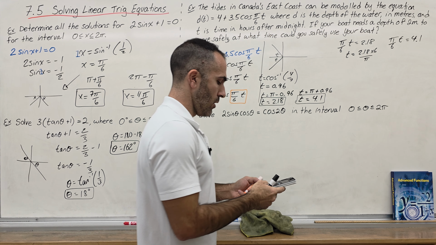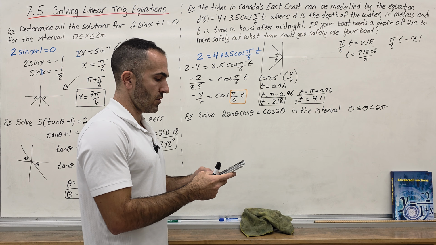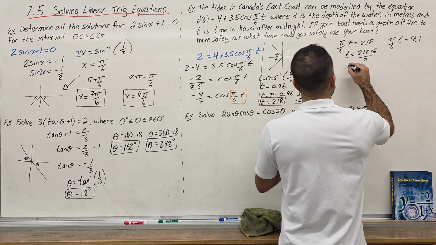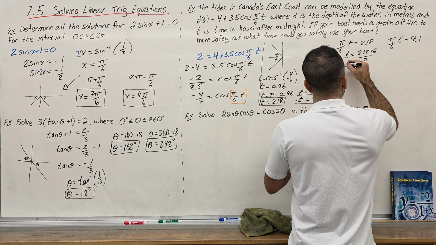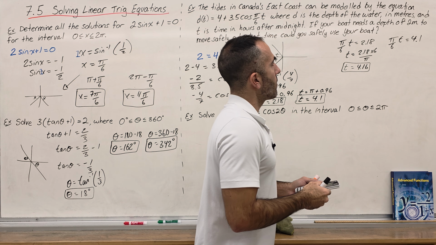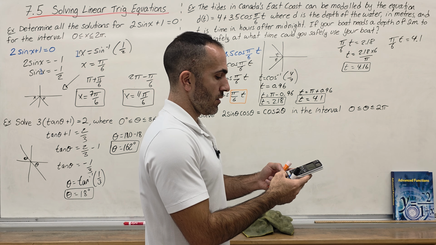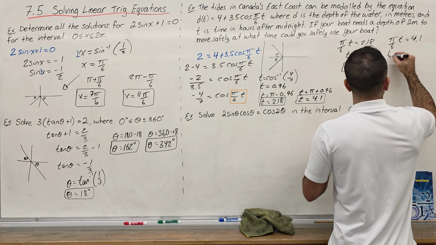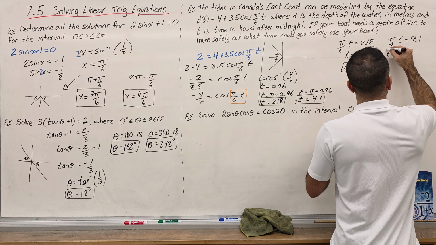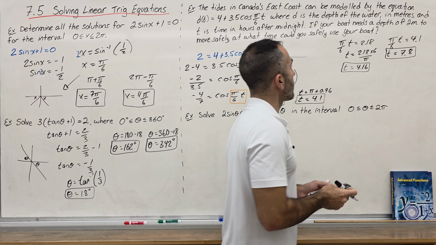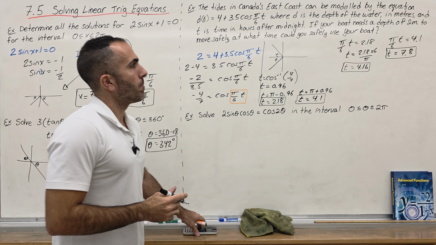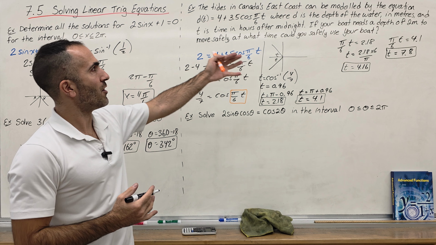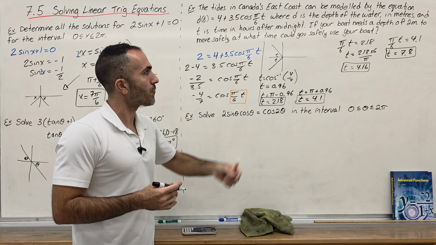Get my calculator. 2.18 times 6 divided by pi equals 4.16. And 4.1 times 6 divided by pi equals 7.8. Okay, so these are the times that the equation is equal to 2.